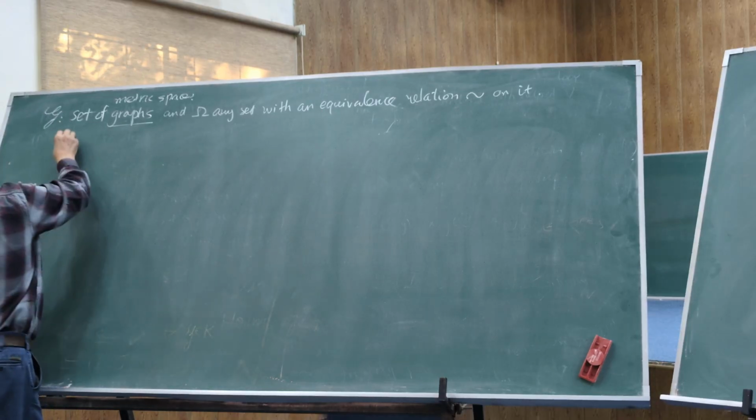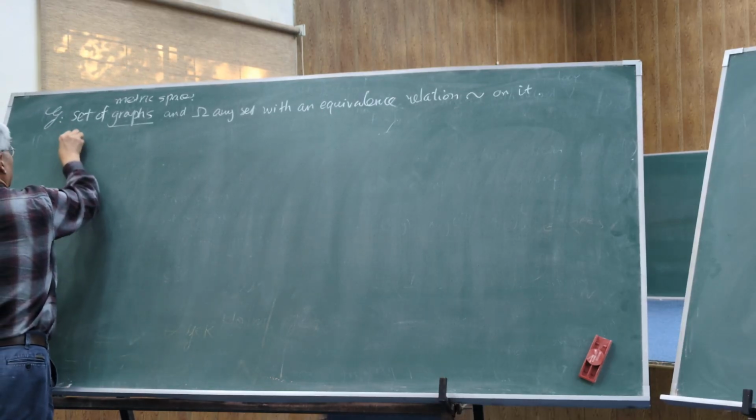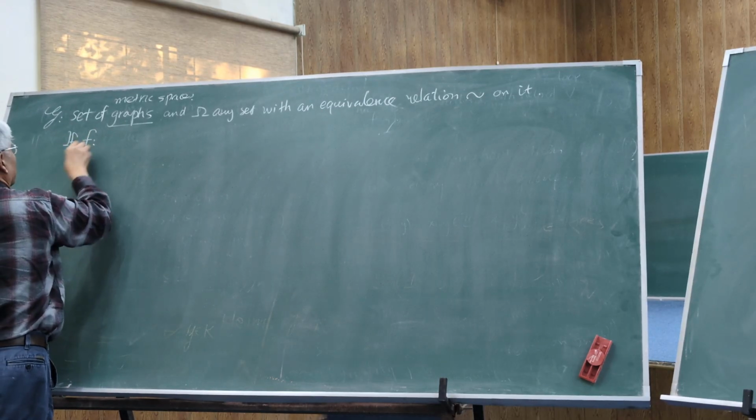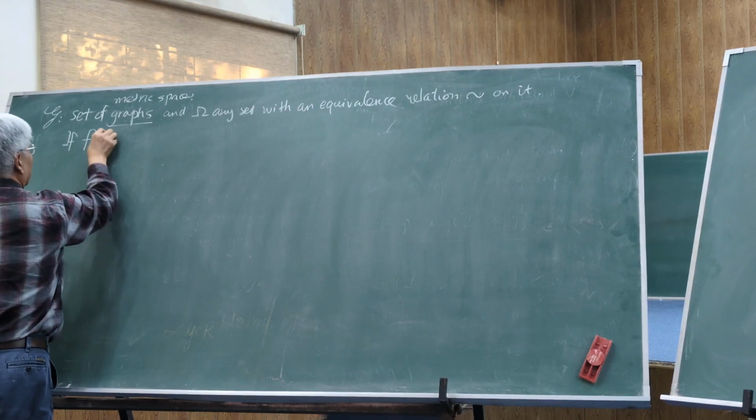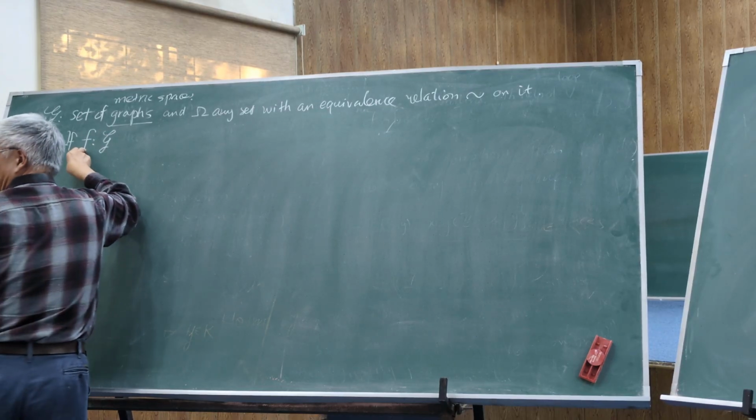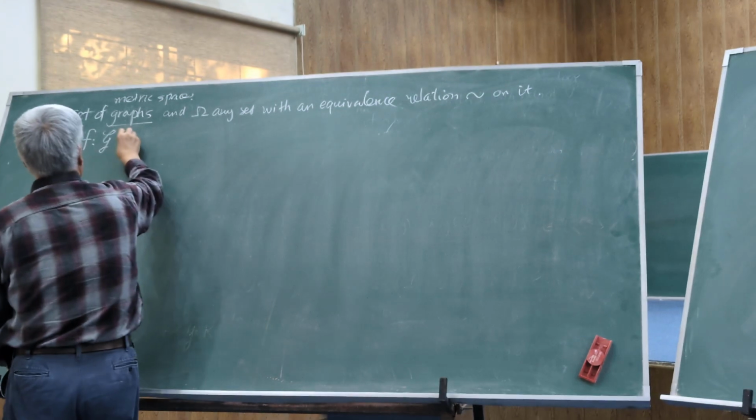So if F is a mapping from this set, it is not a mapping from its members.